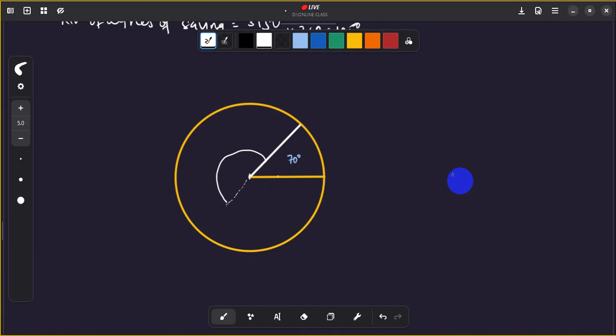And then after this, we'll count 110 starting from here. 0, 10, 20, 30, 40, 50, 60, 70, 80, 90, 100, and then 110 like this. Okay, so then we will draw a straight line, and this will be 110 degrees. Okay, in this way we will construct.